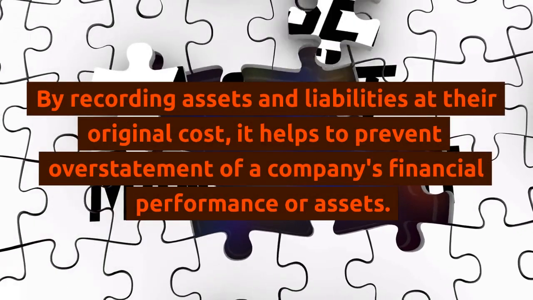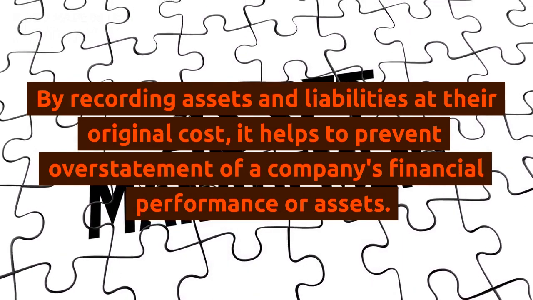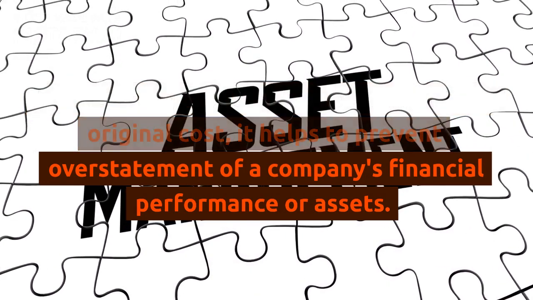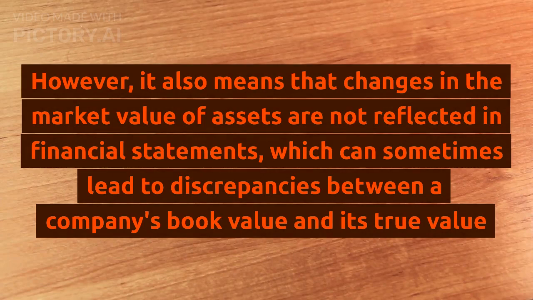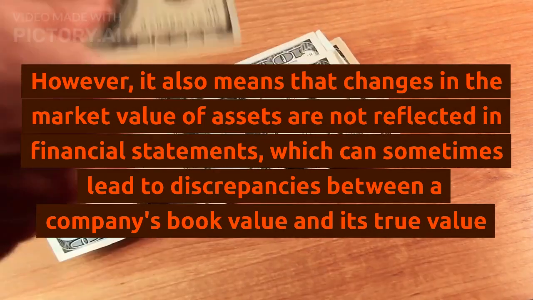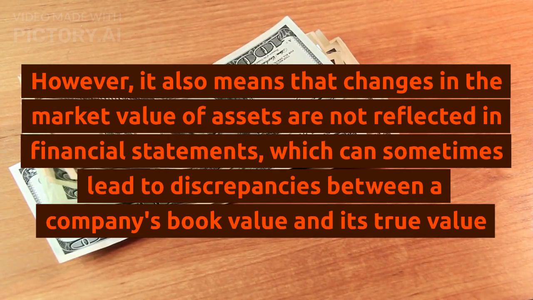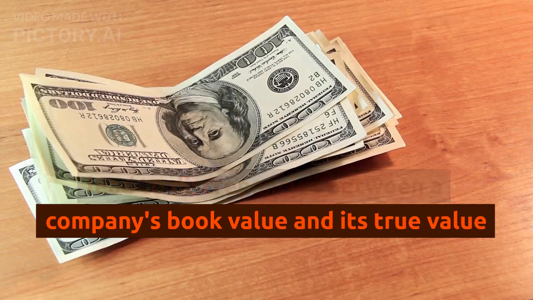By recording assets and liabilities at their original cost, it helps to prevent overstatement of a company's financial performance or assets. However, it also means that changes in the market value of assets are not reflected in financial statements, which can sometimes lead to discrepancies between a company's book value and its true value.